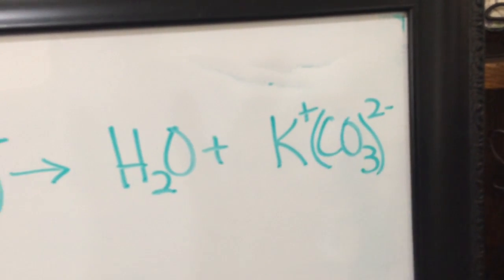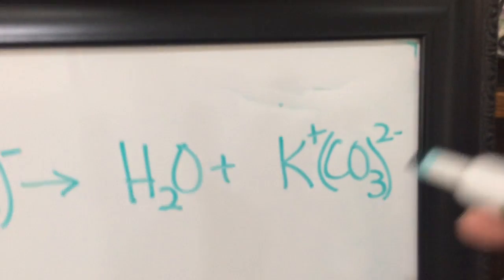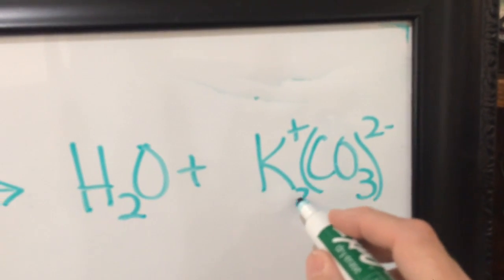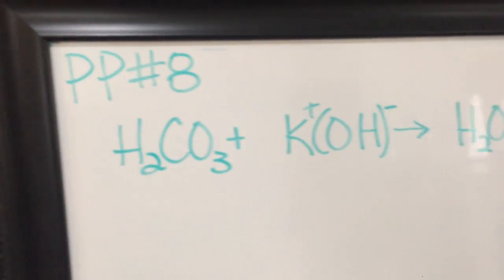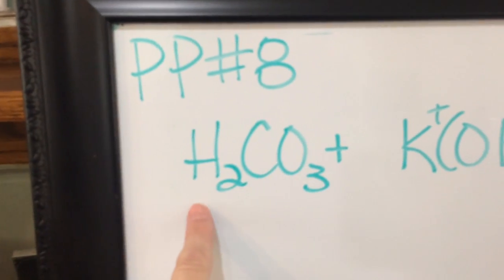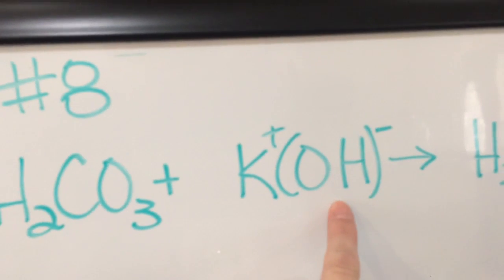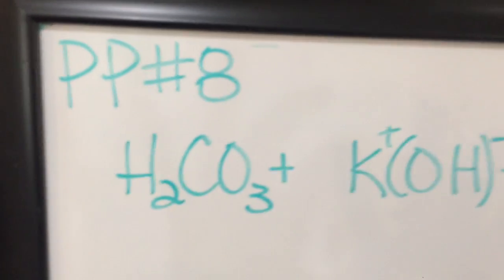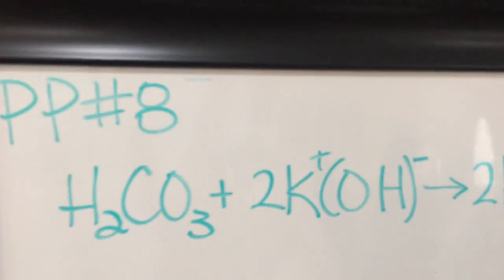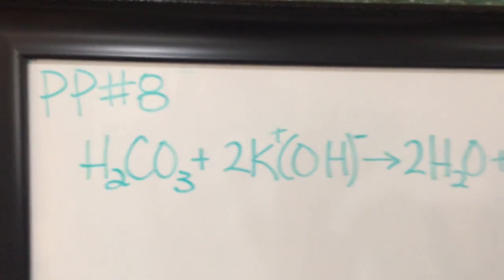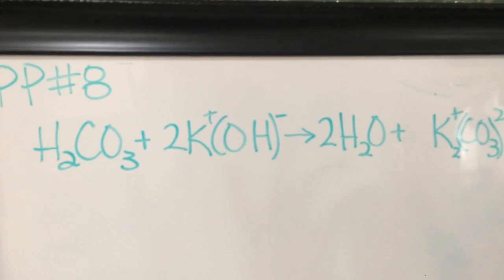Got to make sure this is balanced. It's not. We're going to need a 2 here. Look here, we have 2 hydrogens. We have 1 hydroxide. We're going to need 2 of these, and that's going to make 2 waters. So now we have a balanced equation. So now we can move on.